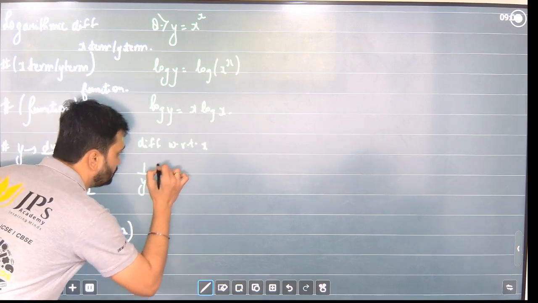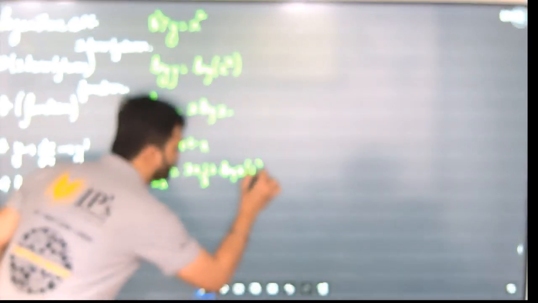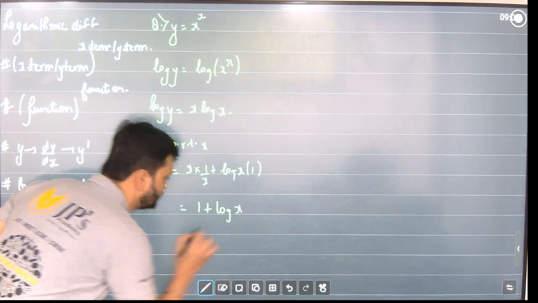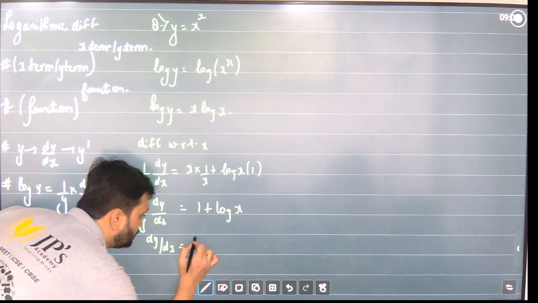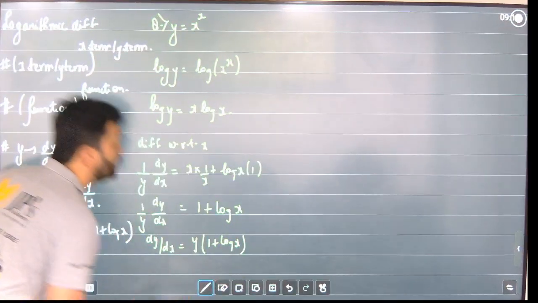Log y will become 1 upon y dy by dx, is equal to x into 1 by x plus log x into 1, which is equal to 1 plus log x. Therefore dy by dx will become y into (1 plus log x), and I know that the value of y is x raised to x.